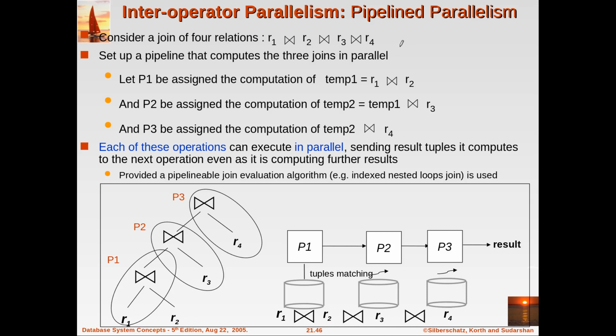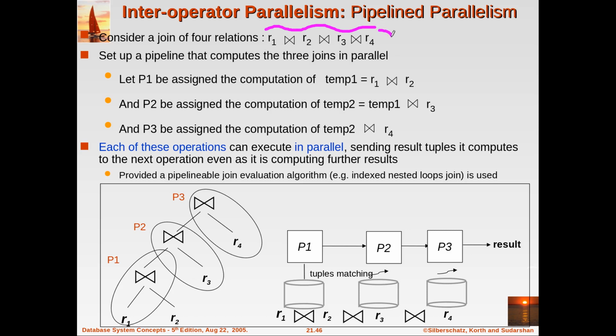So consider an example of a join operation on four relations R1, R2, R3 and R4. We want to perform R1 join R2 join R3 join R4.